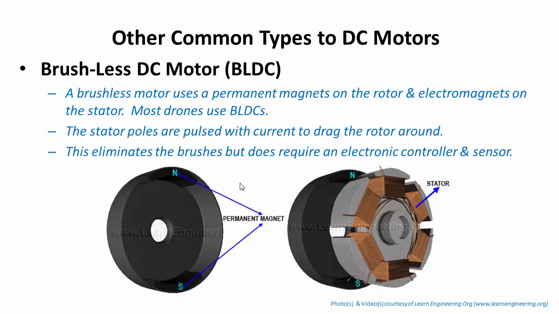Here is a very simple brushless DC motor. What you do is you go back to using permanent magnets. Imagine that your rotor is now on the outside of your device. This is a wheel right here, and it's got north and south on it. Then you build electromagnets inside that create magnetic poles when you turn them on, and you try to drag this north and south pole around.